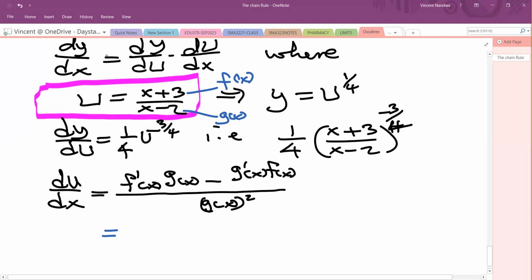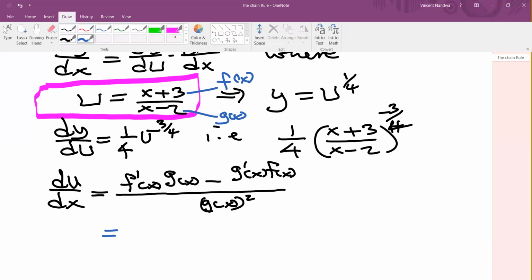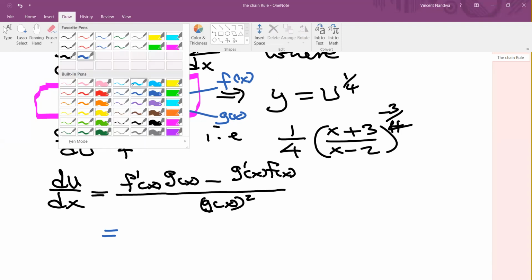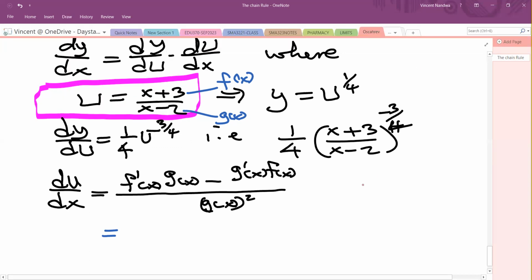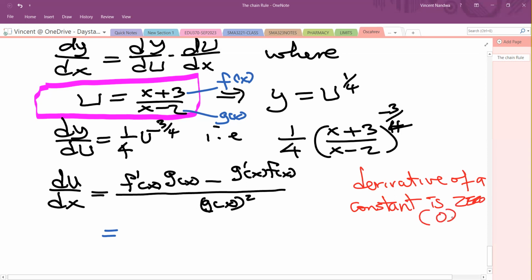Angalia, tumesema aje? In the previous question we said that derivative of a constant is always 0. Usisahau hiyo, that derivative of a constant is always 0. Please don't forget that. Derivative of a constant is 0. Okay? Sasa hiyo usisahau. Sasa tunataka kutafuta derivative ya x plus 3.